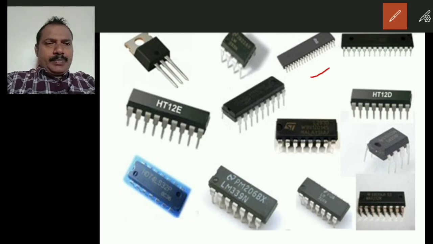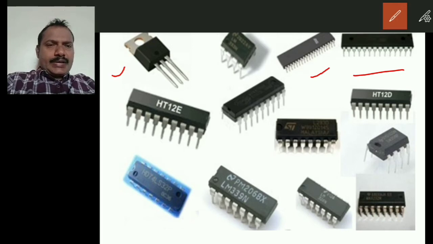So many pins means it possesses a large digital circuit. Here it is a 3-pin IC, a simple power supply. You can visually see these ICs like this.